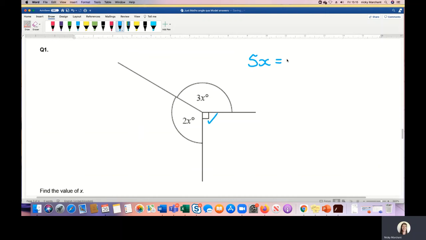Okay, so 90 degrees away from this whole point. Now angles around a point, here's another one, not had this one yet. Angles around a point equals 360 degrees. We've used up 90, so it's 360, take away 90.